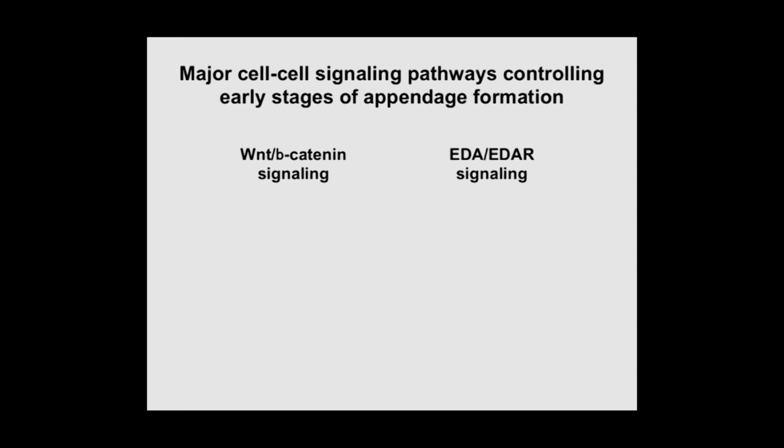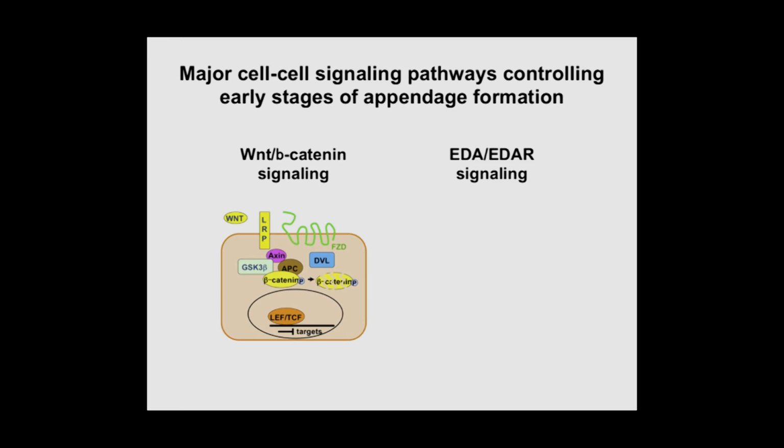Two of the really important cell-cell signaling pathways that are involved at early stages of appendage development are the Wnt signaling pathway and the ectodysplasin or EDA signaling pathway. In each case, these involve secreted ligands that are received by a receptor. In the Wnt pathway, the ligand is known as Wnt.